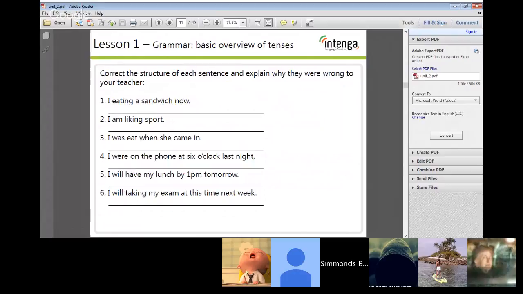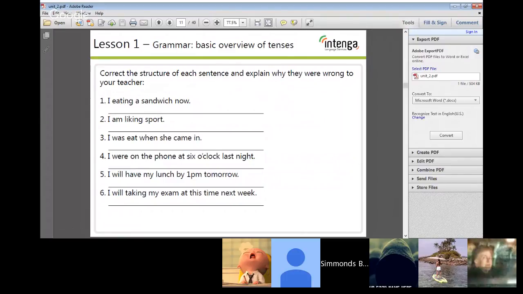So for example, the sentence I have just written is, I will take my exam at 12 p.m. next week. This is now specifying a specific time. All right, so it's not saying in this moment next week. And so this is the future continuous tense.